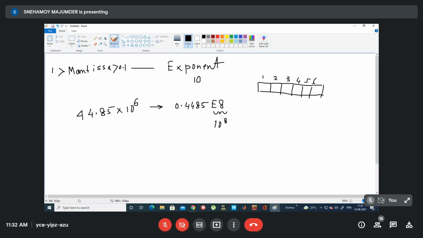So what I can do, I can write here 4 4 8 5 8, where plus is my sign, and here plus is the sign of the exponent, that is E to the power plus 8, and the other is the sign of the number, and I can store this.